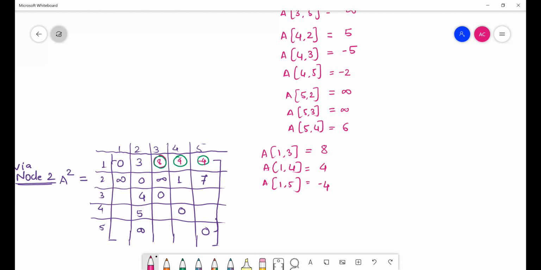Okay. Next values, 3 to 1 is infinity, 3 to 4, and 3 to 5. Is it correct?